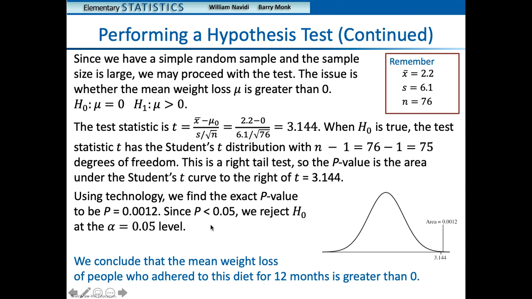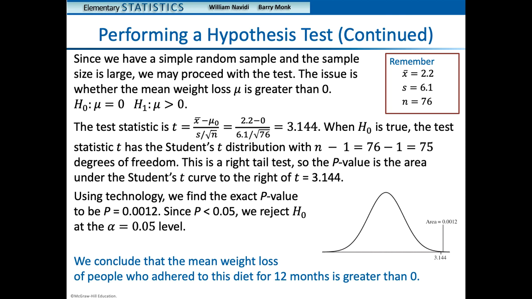So in this case, if you use technology, you'd get a p-value of 0.0012. And that is clearly less than my value of alpha, which was given as 0.05. So we will reject the null hypothesis at the 0.05 level. And we conclude that the mean weight loss of people who adhered to this diet for 12 months is indeed greater than 0.